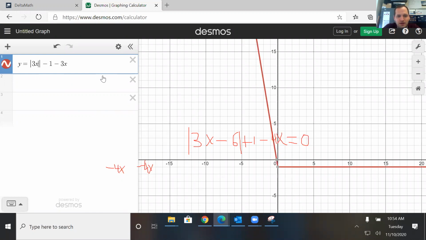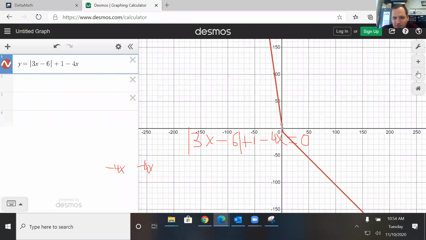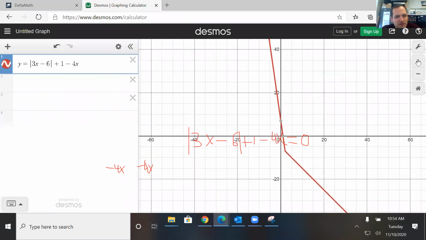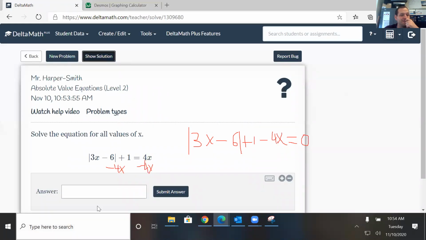I get 3x minus 6 plus 1 minus 4x. All right, as I zoom out and look at this, ooh, it doesn't make a V shape this time. It does cross, though, at 1. So we do get an answer here. Yeah, the answer is just 1.